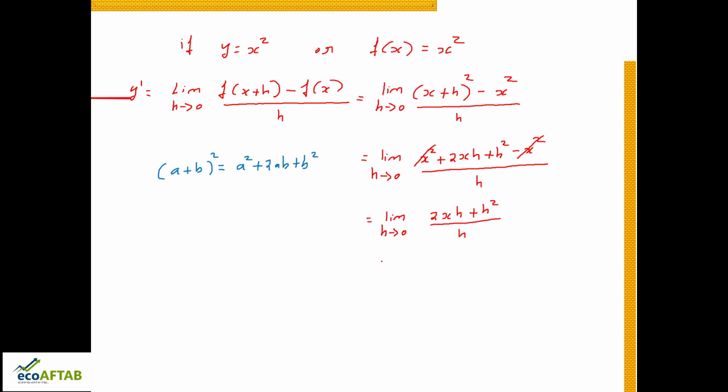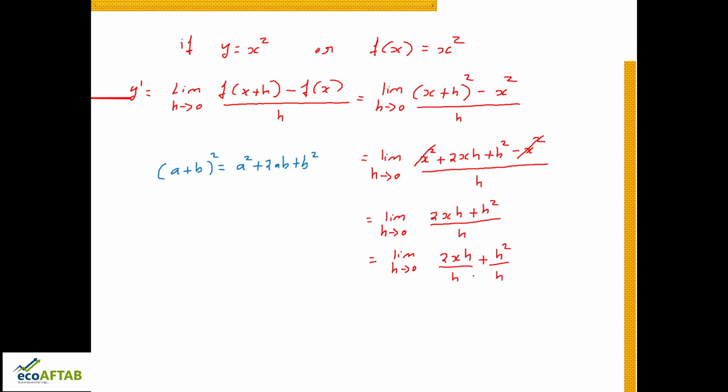If you distribute the denominator, then what we get is limit h tending towards 0, 2xh by h plus h square by h.